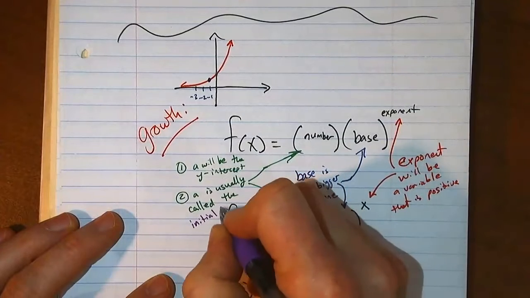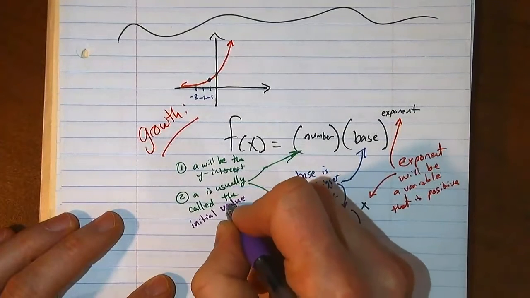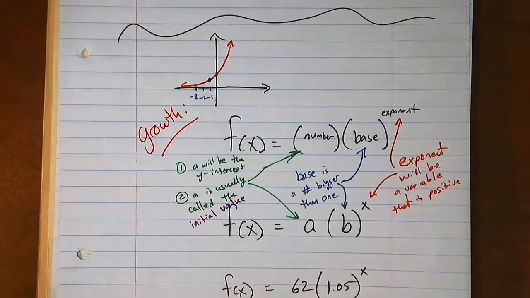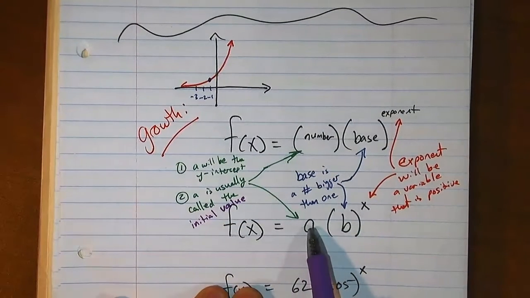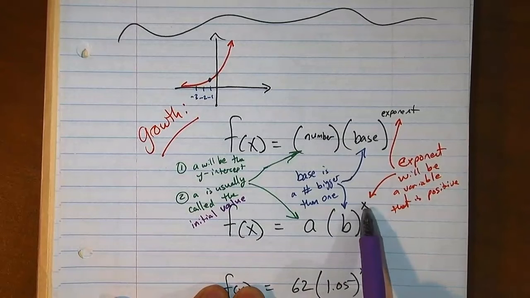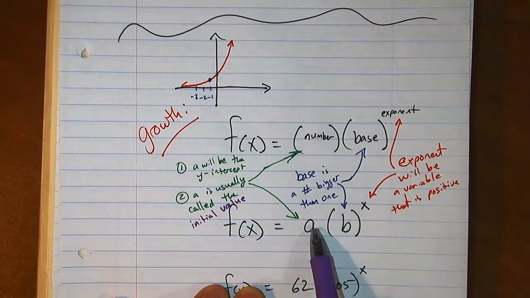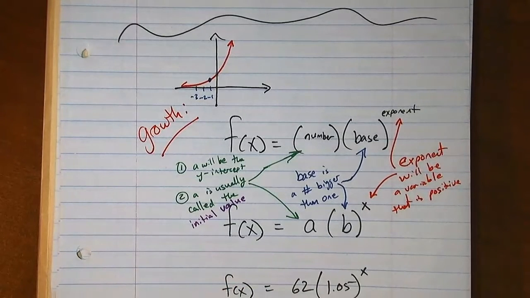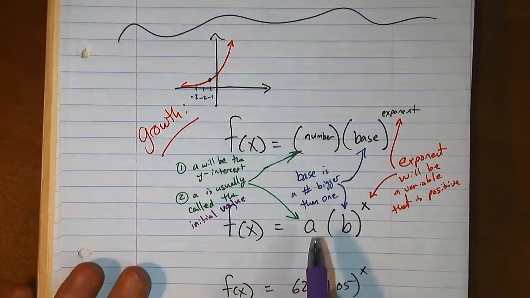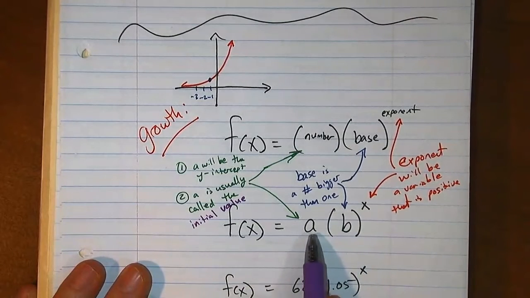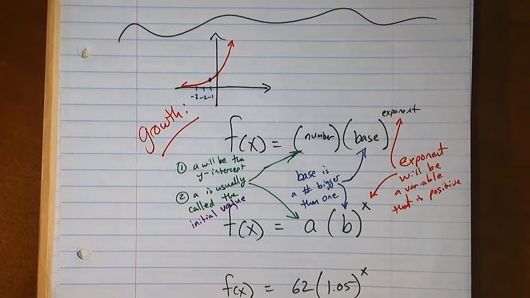The reason we call it that is because if this was a problem that dealt with time, then A would be the measurement we had when the stopwatch got started. Initially, at the beginning of our experiment, at the beginning of our measurements, whatever A was, that was the measurement that we took back then.